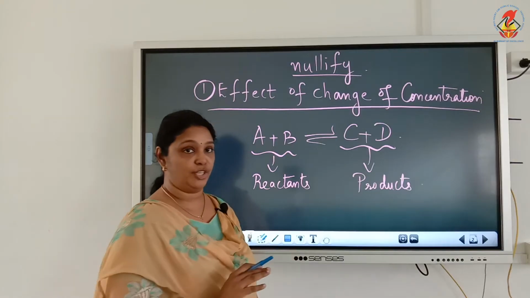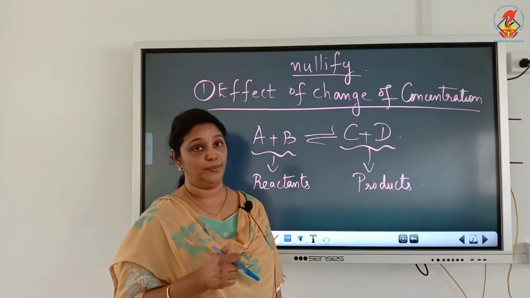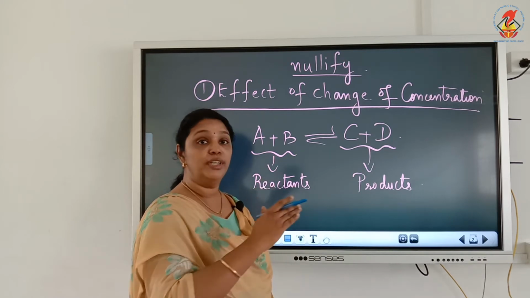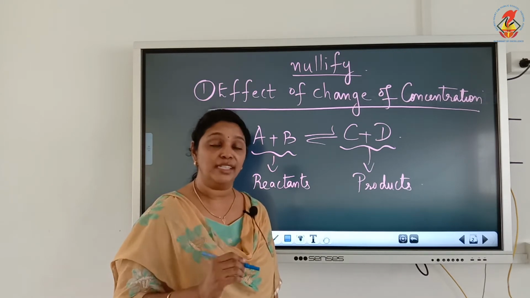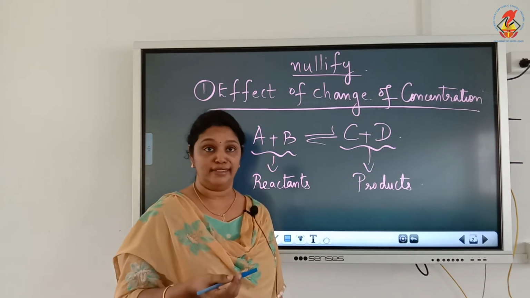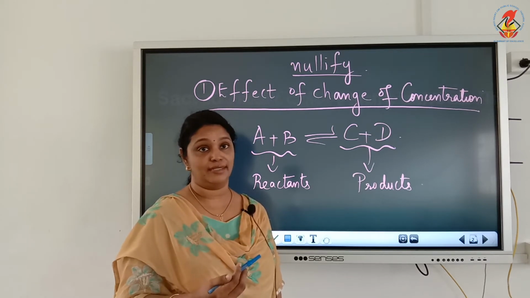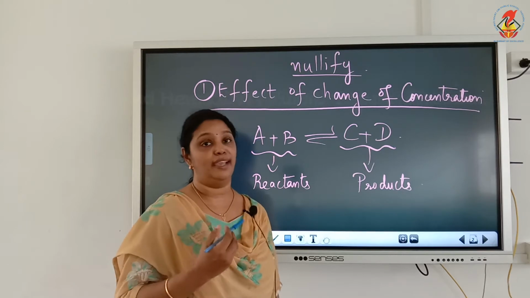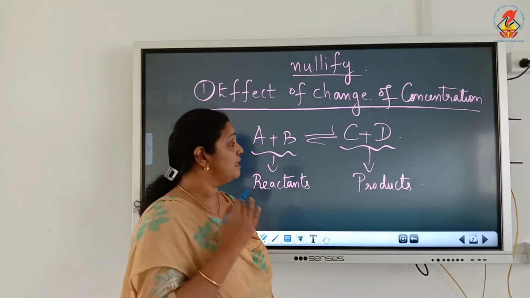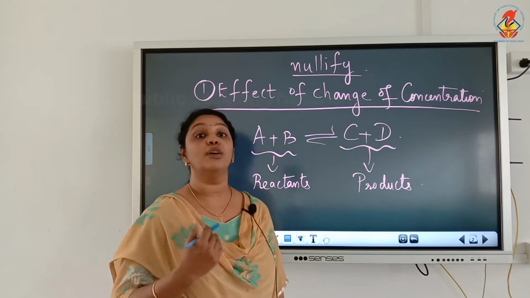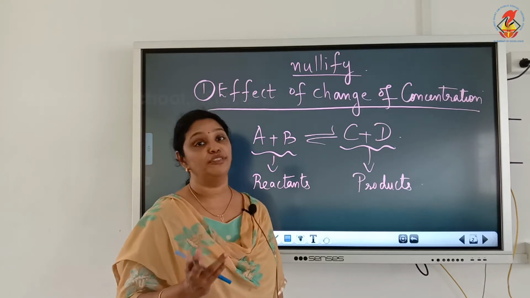So this reaction is at equilibrium now, and you know the forward reaction is A and B reacting to give the products C and D, and we have the backward reaction in which C and D react to give the product A and B.